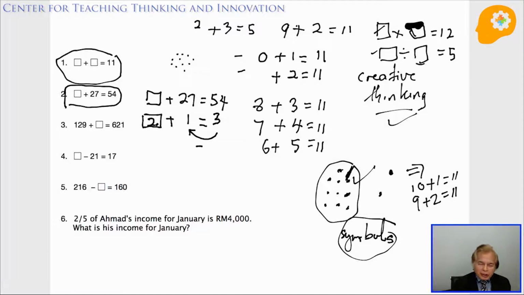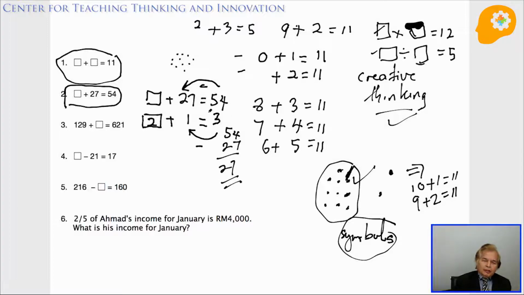To get this number, you take 3, the right one, minus the left one. Likewise, because these numbers are similar, tell your kid that if you do 3 minus 1, right minus left, here you should do the same thing, right minus left. So 54 minus 27, you get 27.